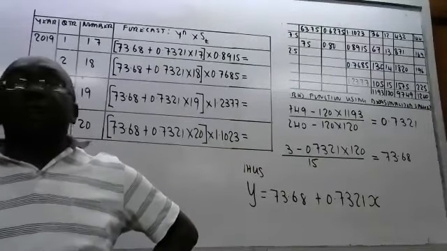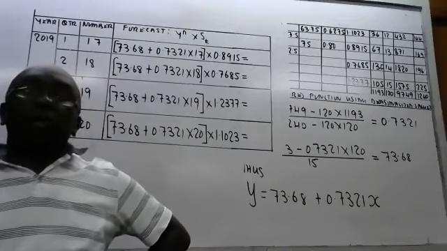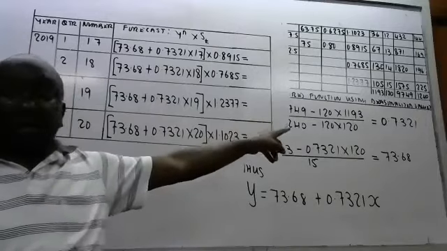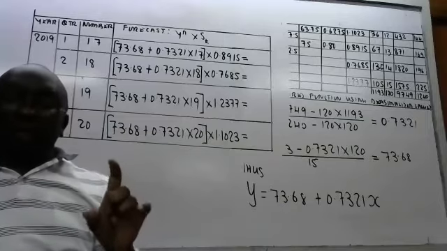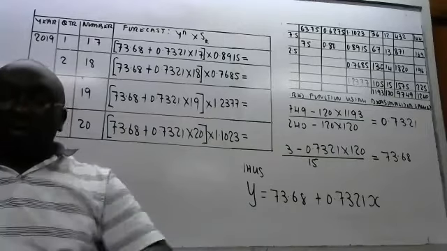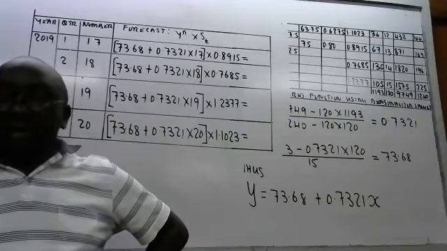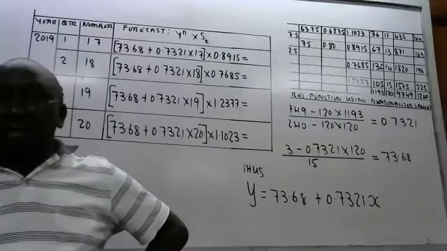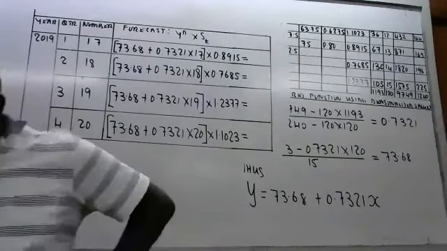If you have first been told to deseasonalize, and later you are told to develop the equation, that means you are supposed to use these ones. But if they require the equation first, before they tell you to deseasonalize, you should use the original. Is that okay?